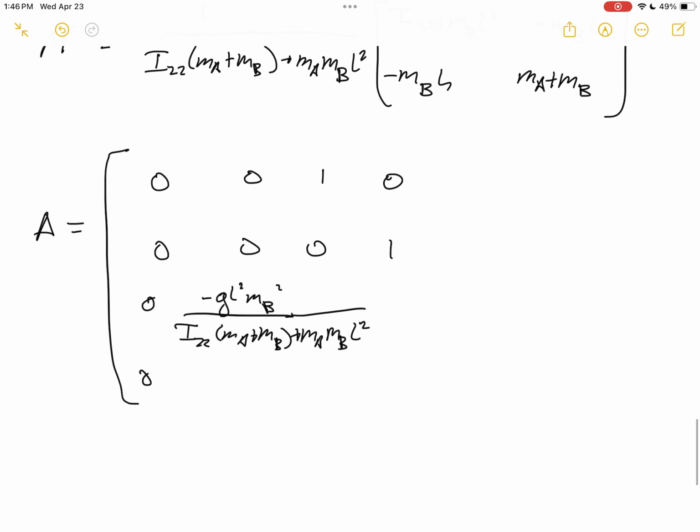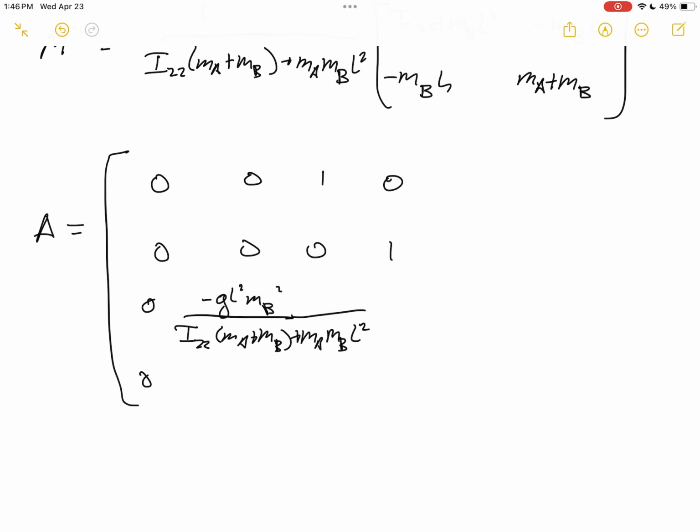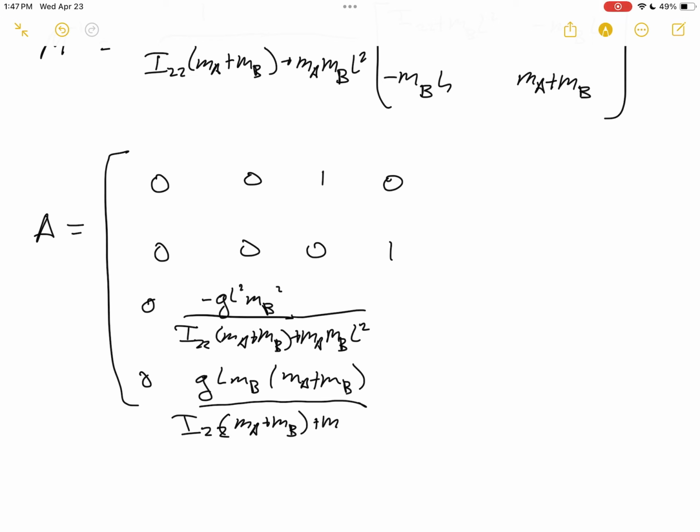And the rest of that minus M inverse K multiplication, we have a g l mb times quantity (ma plus mb) over Izz times (ma plus mb) plus ma mb l squared.